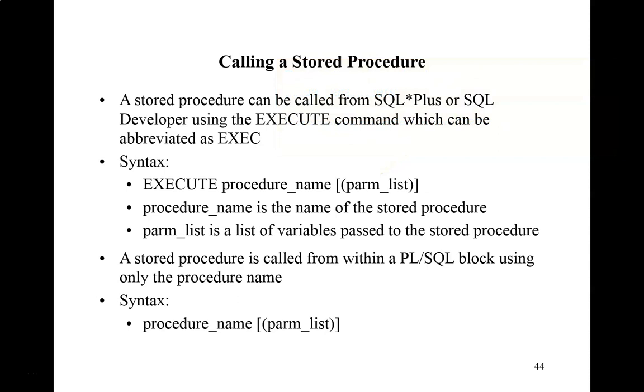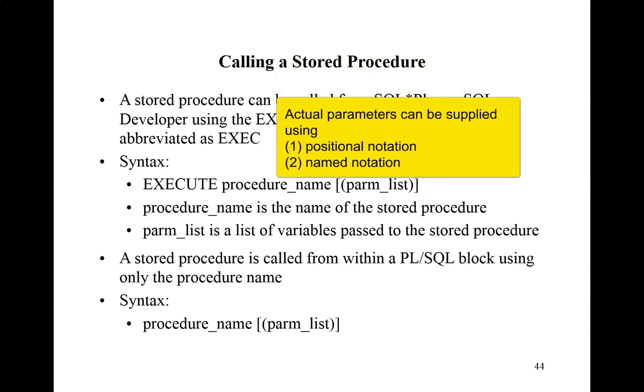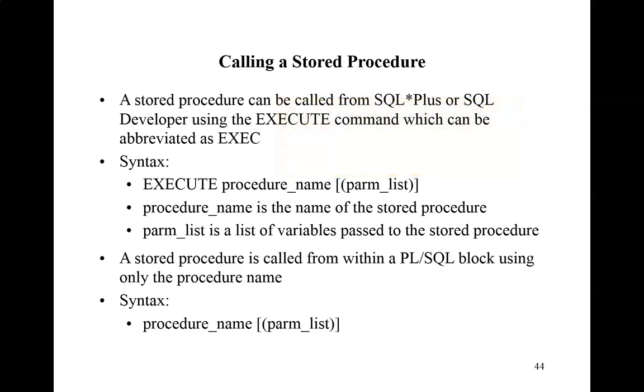We can talk more about this in a moment because there are two ways to supply parameters when we invoke a stored procedure. We can use an ordered list, or we can use a name and associate that name with the actual parameter. Now, the procedure name that we specify is the name that was associated with the procedure in the create procedure statement.